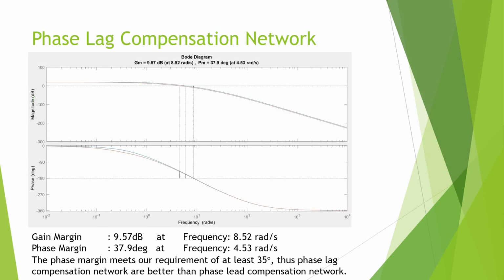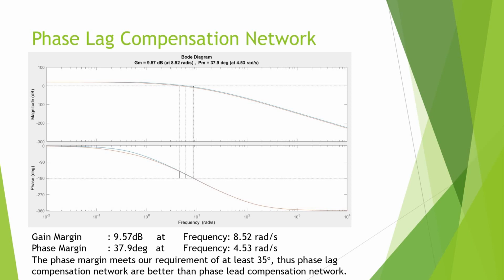After we plot the new line, we get new values of gain margin and phase margin as shown. The new gain margin is 9.57 dB at a frequency of 8.52 radian per second, and the phase margin is 37.9 degrees at a frequency of 4.53 radian per second.